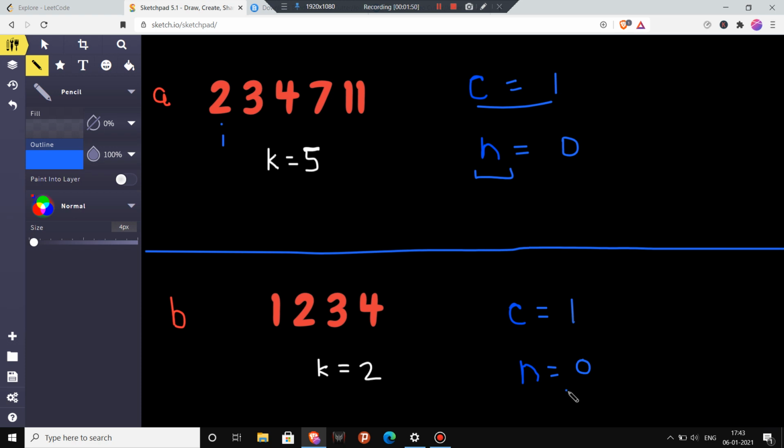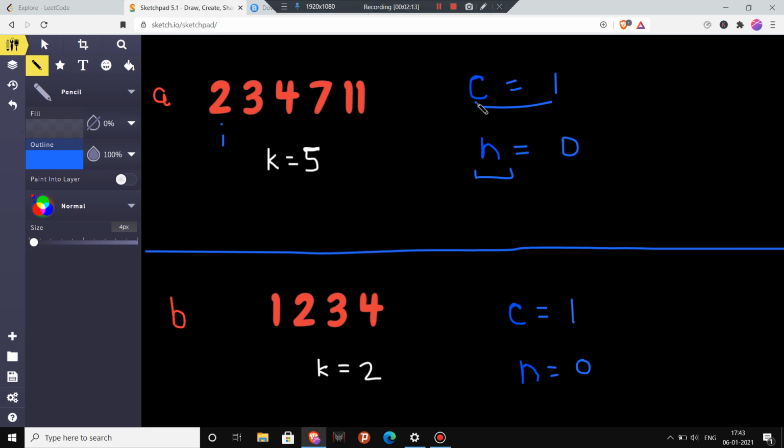The second example I will solve later. My C acts as a counter which runs from 1, and N counts the number of missing numbers that we have encountered so far. So initially my C is equal to 1.